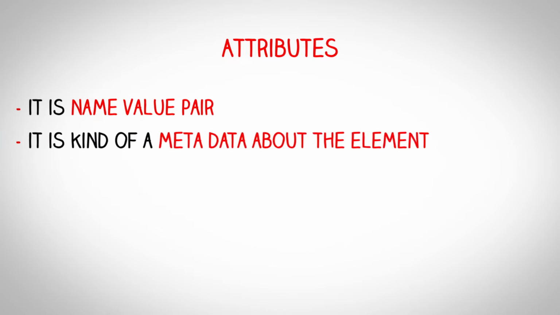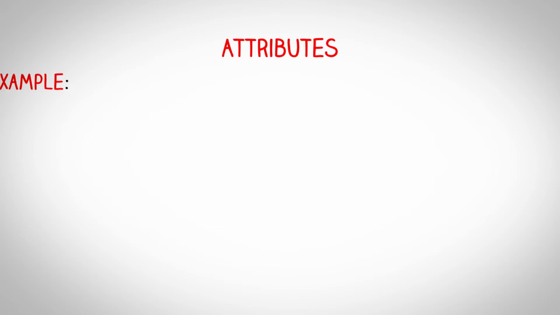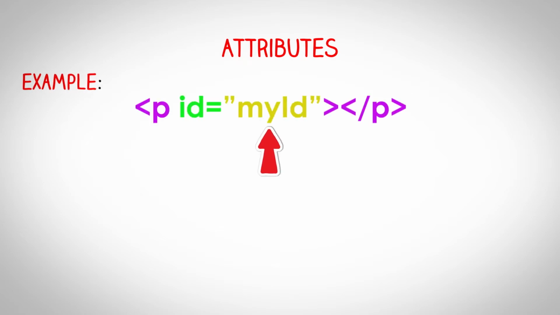Now, every HTML element can have predefined attributes. We will learn about the most common ones as we progress in the course. But here is what you need to know about tag attributes in general. An attribute is a name-value pair that is kind of metadata about the element it's being applied to. So in this example, we are assigning myId as the value of the ID attribute.